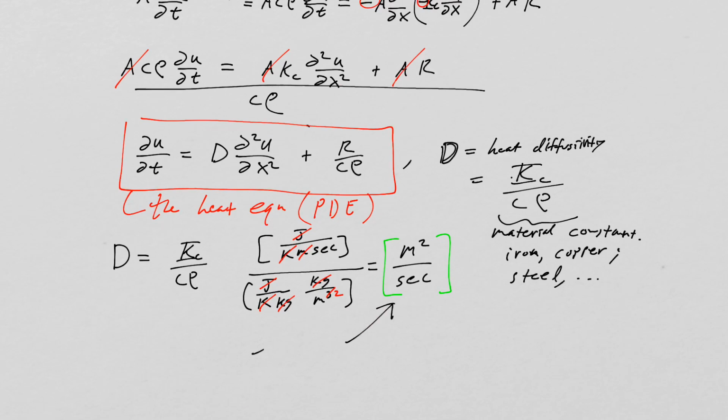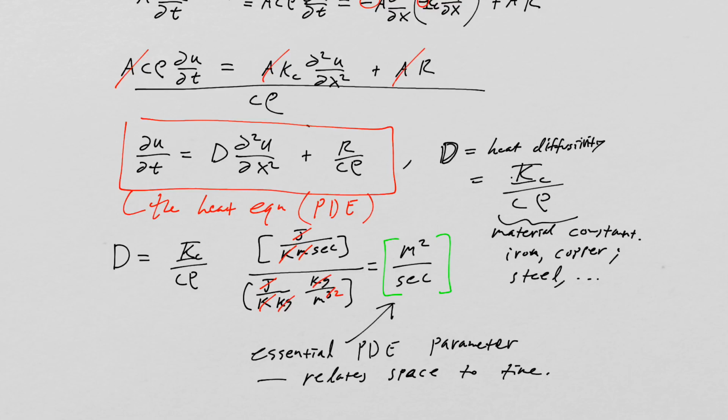So this is what I call the essential PDE parameter, because it relates space to time. It basically tells you how far heat spreads per unit time.